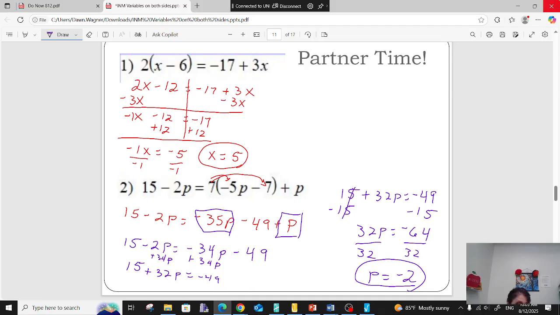So you have p. You're going to add -35 and 1 together to combine your like terms, those p's. And you get -34p. You still have that -49. The other side just came straight down. Then you have to add 34p to both sides.